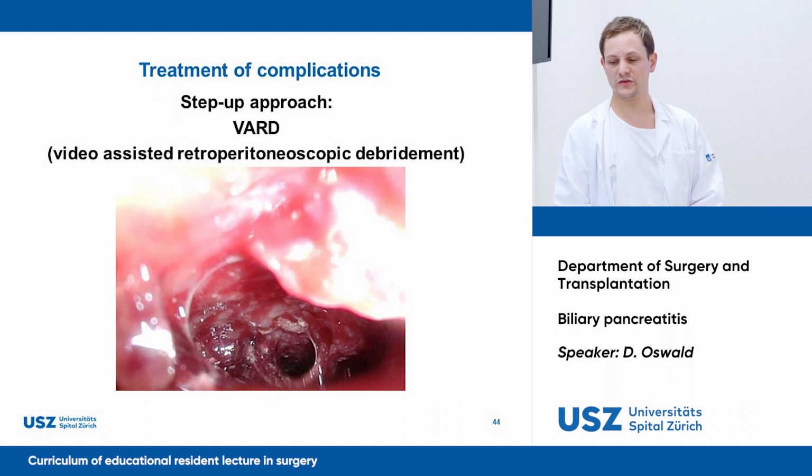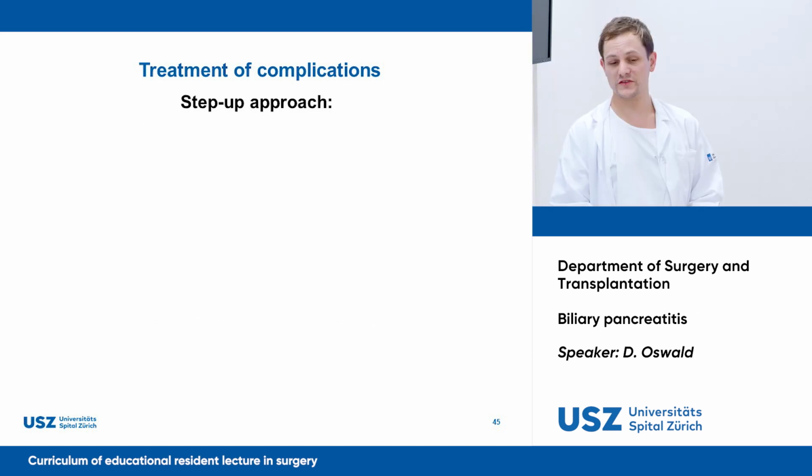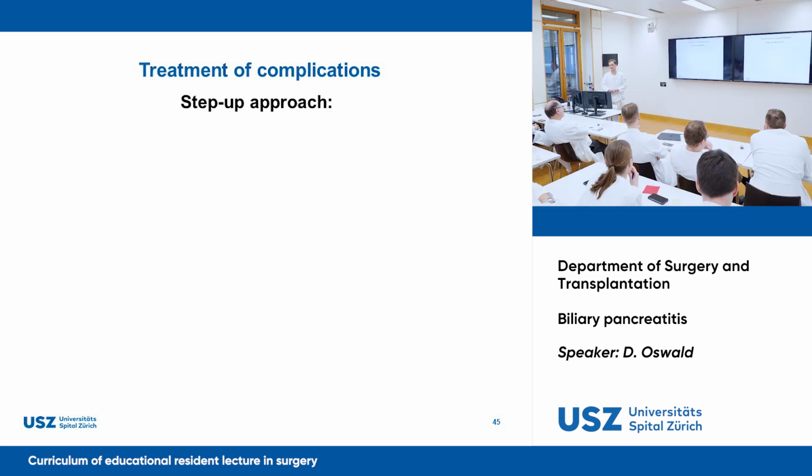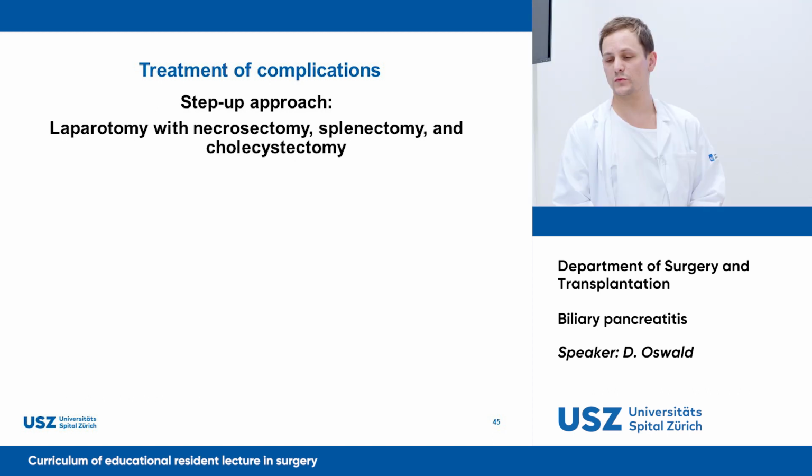That's an operative picture you see here. And after that, it should be over, because that's what I talked about before, but it's important to say sometimes it's not over with this step-up approach. Not always is that enough. So in this patient, we had to do a laparotomy with necrosectomy, splenectomy, and cholecystectomy, because he still did not improve after the intervention.